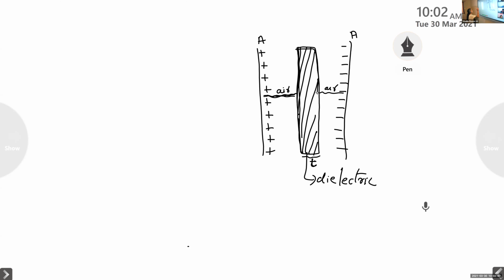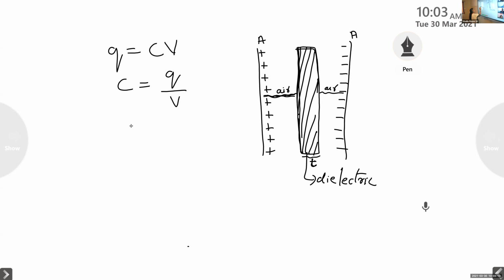Now, what is the equation for capacitance? Q is equal to CV, or C is equal to Q by V. And here also we know that the charge is distributed on the surface of the conductor.